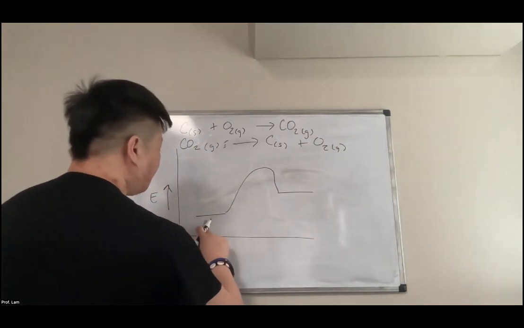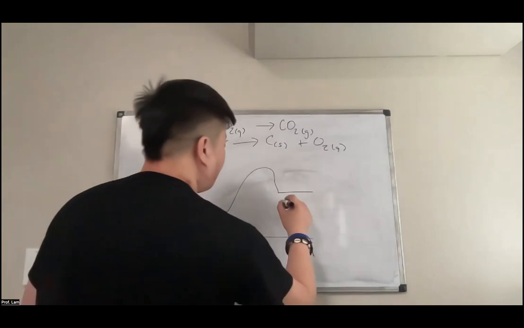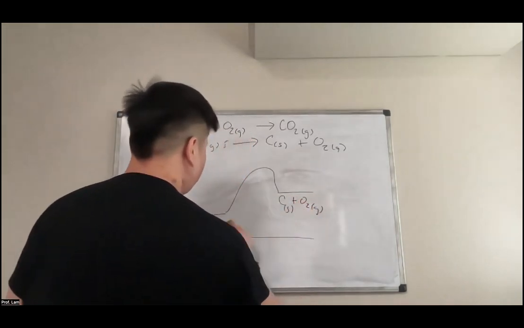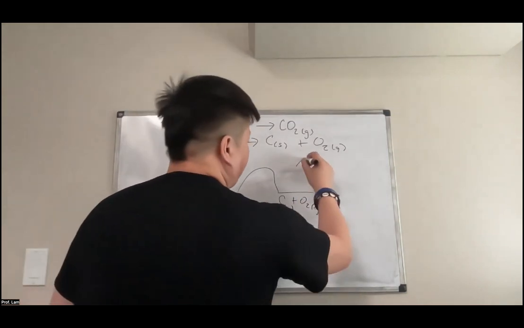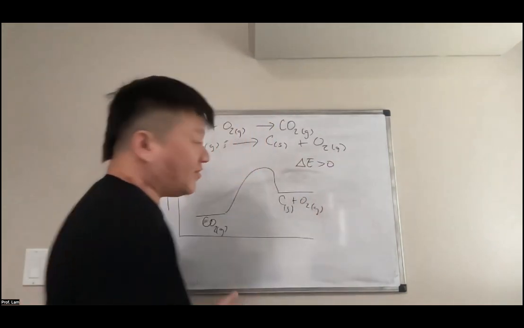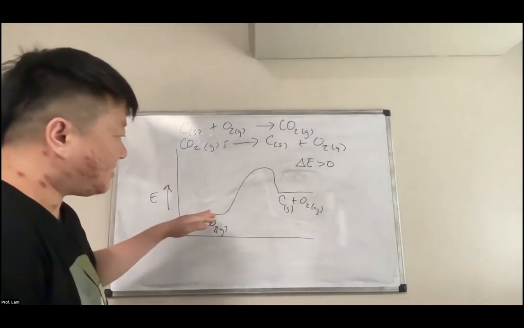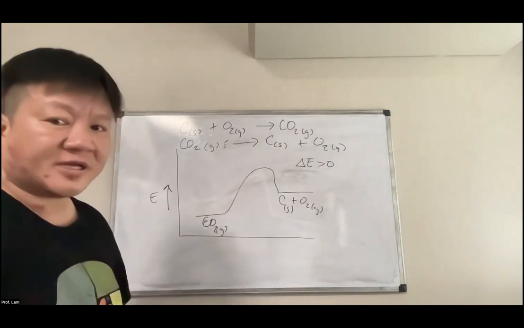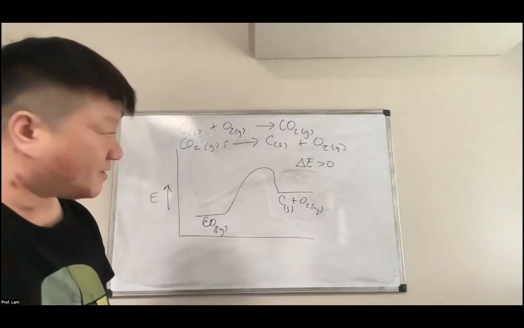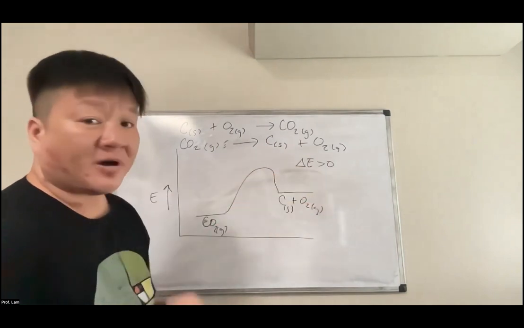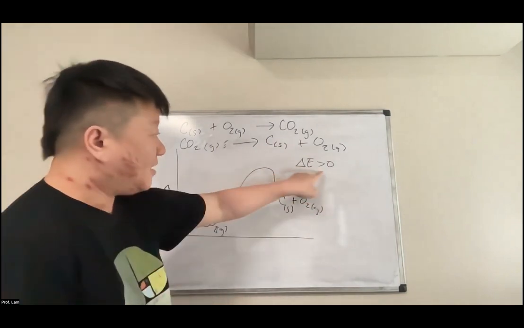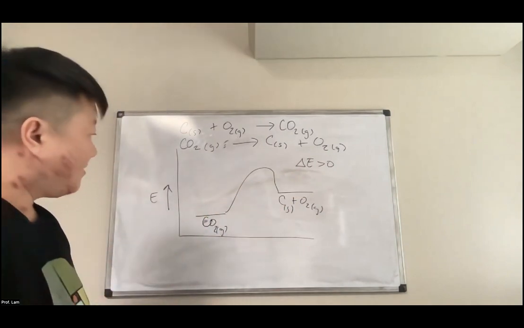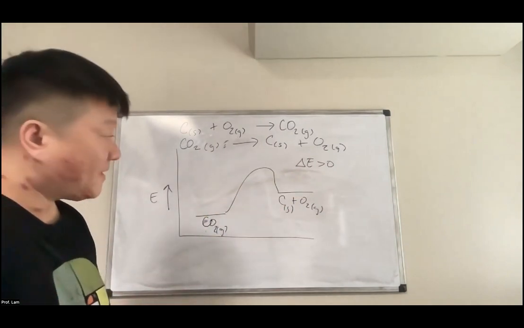Where this is CO2, this is C and O2. So here our delta E is a positive number, right? The change in energy, because the system went from a lower energy to a higher energy state. So energy must have flowed into the system, and therefore you have a positive energy change, right? Greater than zero. A higher energy number subtract a lower energy number is positive, okay?